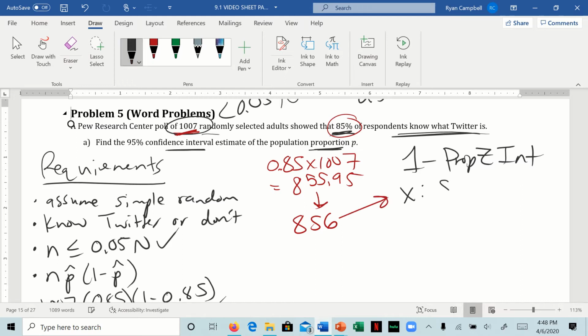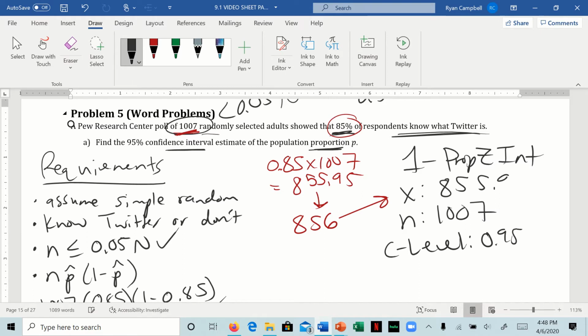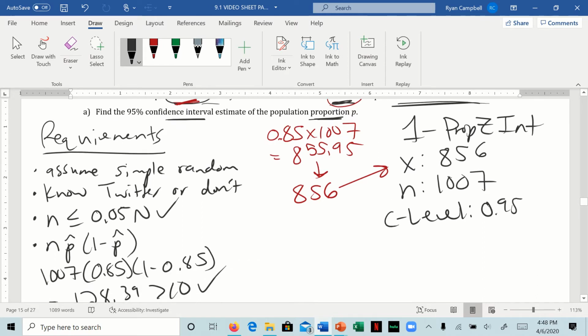So x is 856, n is 1,007, and the confidence level is 0.95. Here's a hint: if you wrote 855.95, it's going to give you an error, because x is a whole number. You can't have 0.95 of a person. But with the whole number, when we plug it in, we see that our confidence interval is 0.828 to 0.872.